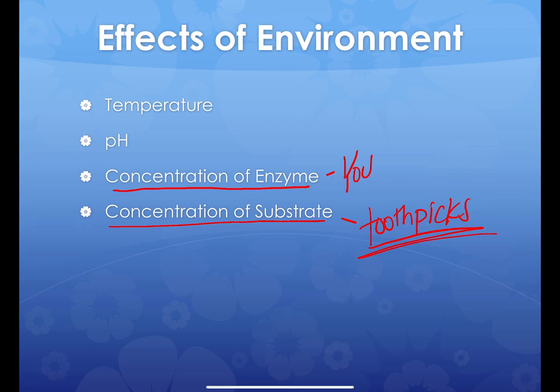But if you have enough substrate, then that's going to speed up your reaction rate up to a point, okay? Up to the point that there's more substrate than what the enzyme can physically handle, when all the enzymes are being utilized by the substrate. Or in other words, if every person has a toothpick in their hand, we can't speed that up really any faster, assuming they're going as fast as possible.